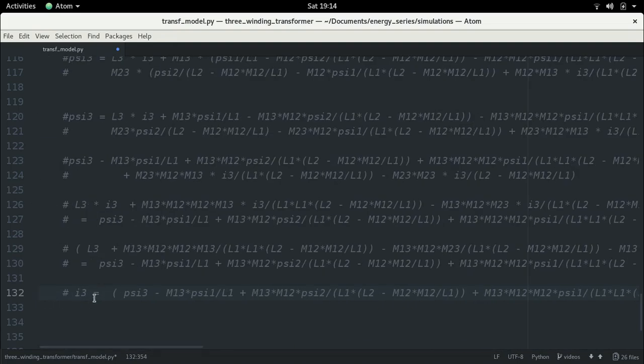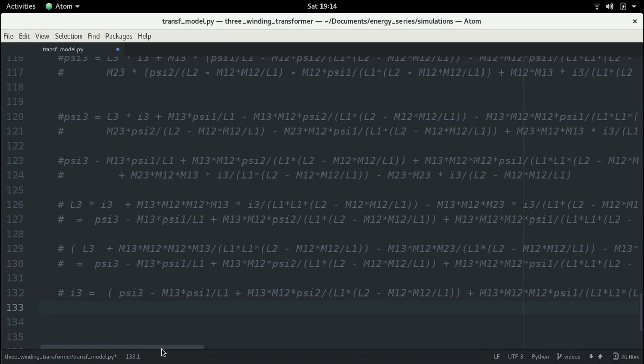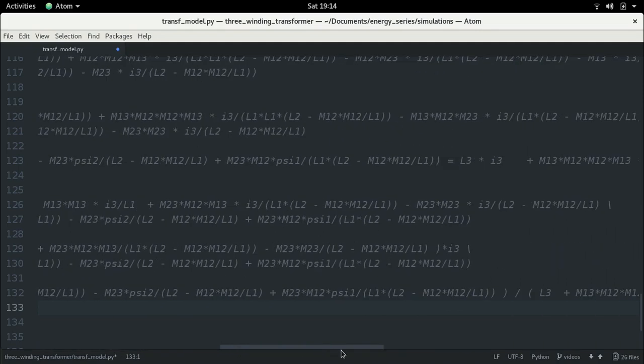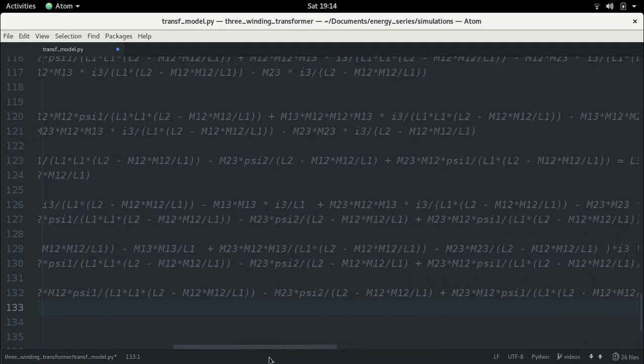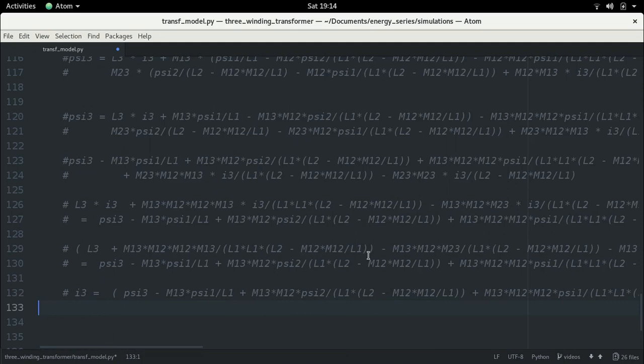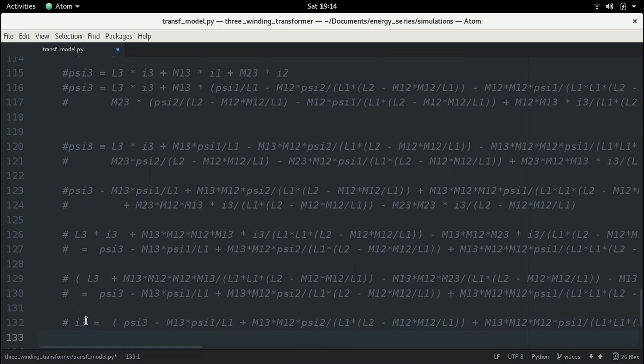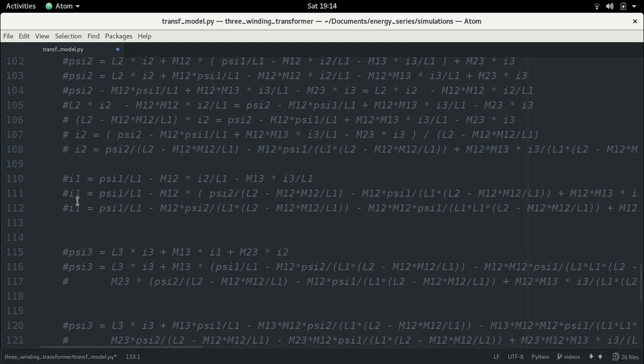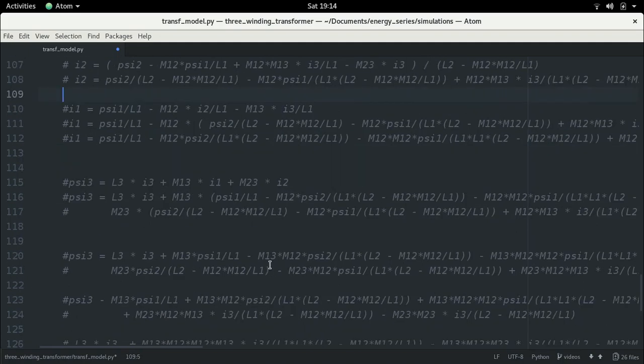I can calculate I3 using the flux linkages, that is psi1, psi2, psi3, right? That is all these. I mean, there are different variations because we've of course calculated using different equations. Once we calculate I3, we can use this value of I3 in I1 and I2 to calculate the remaining two currents.